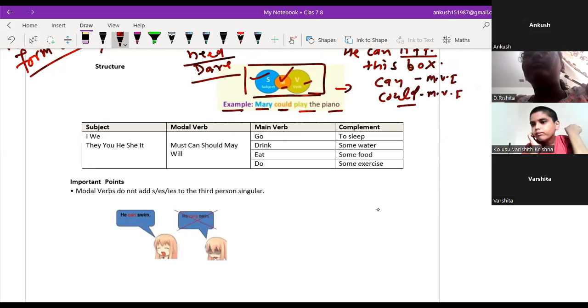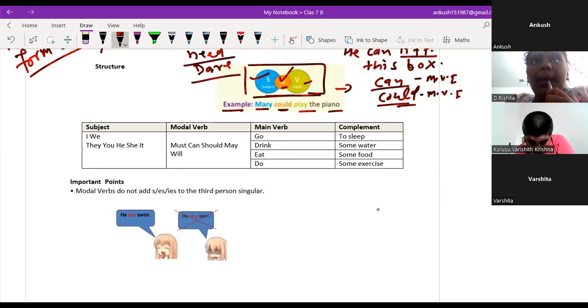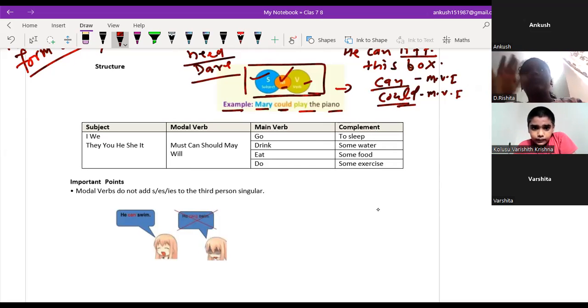Now, see, what is the difference between can and could? Both can tell about ability. Varshit, can you differentiate? I think we can use can in simple present tense, sir, and could in past tense.